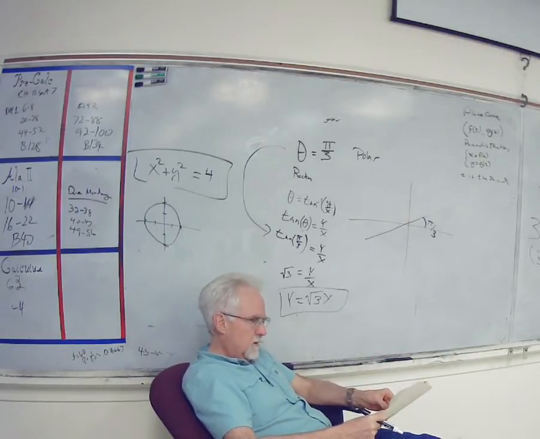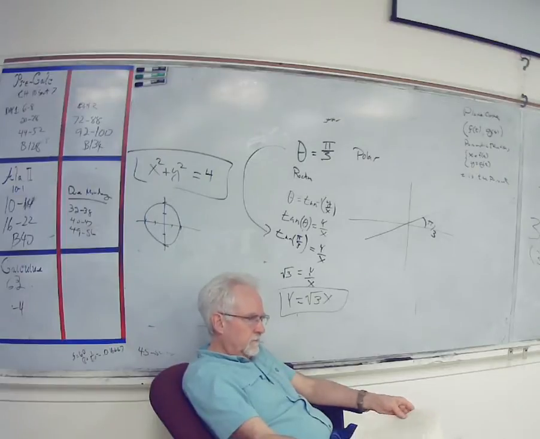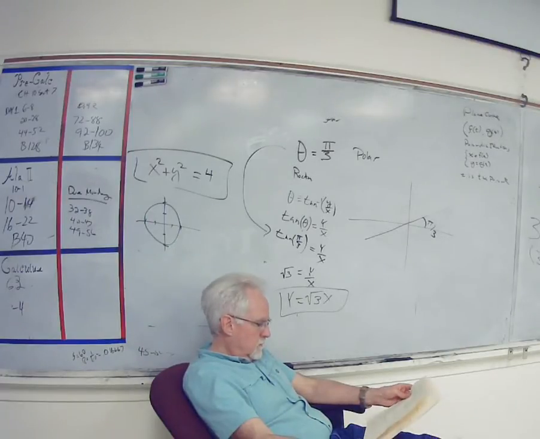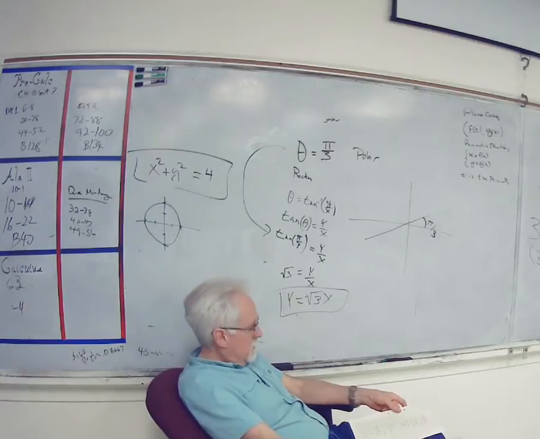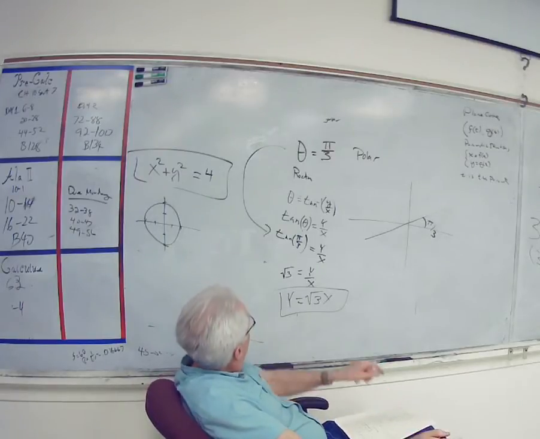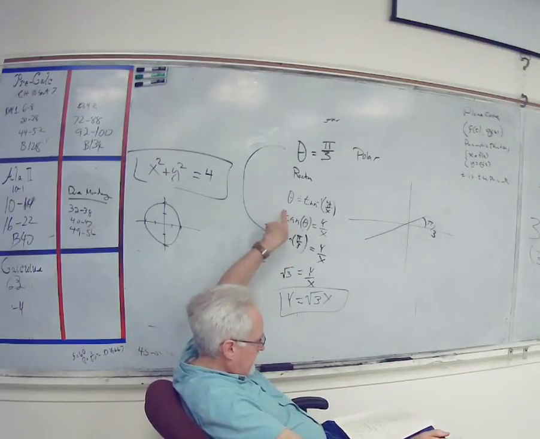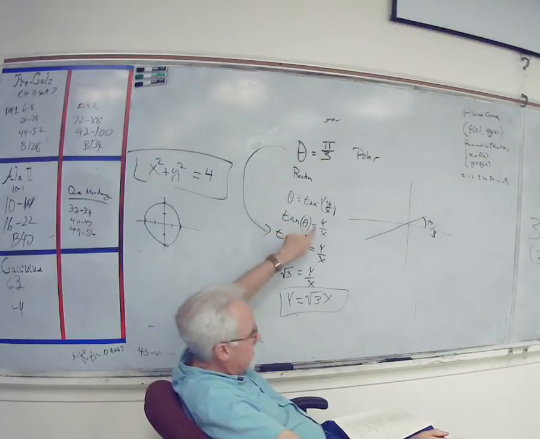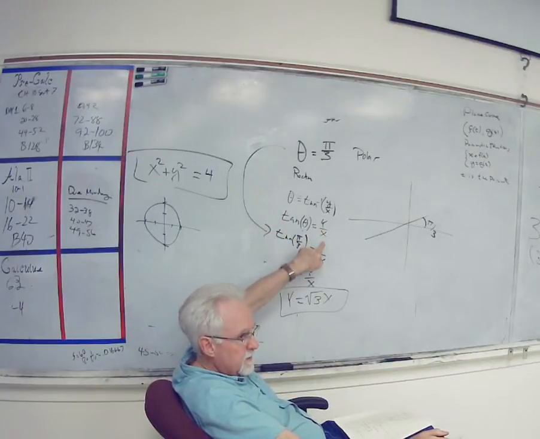Miss Sparkle, I have a question. You used tan inverse, but in the note, you just used tan. Right here, it says I said tan theta is y over x, right?